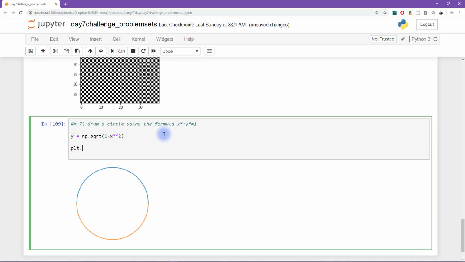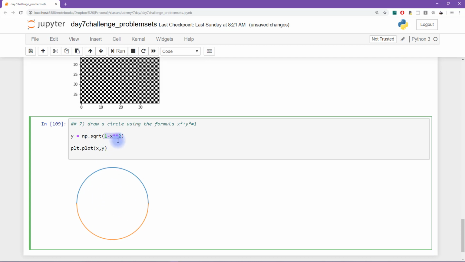And then we can plot, plt.plot x comma y. So what does x have to be here? Well, just from looking at this formula mathematically, we can see that when x squared, when this term is greater than 1, then the inside of the square root function is going to be negative, and square roots of negative numbers are not defined in the plane of real numbers, which is what we are interested in here.